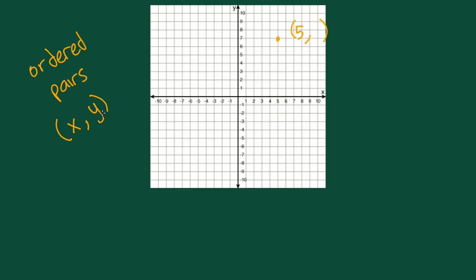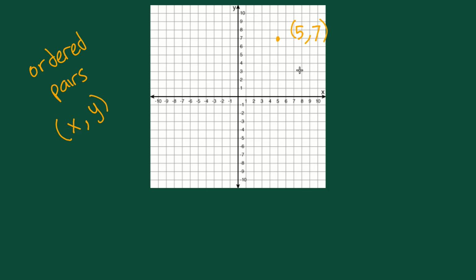Now, what about the y? Here's the y-axis. The y would be right at 7. So there we go. We have a point on this plane. The coordinates for this point are 5, 7. This is an ordered pair.